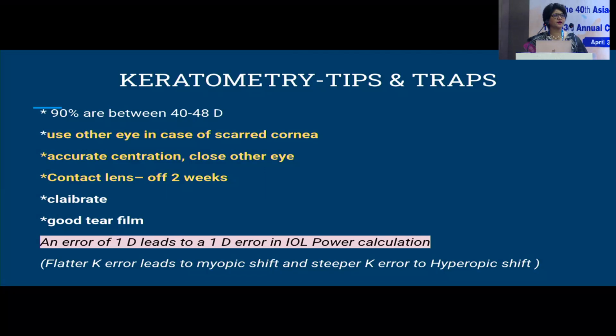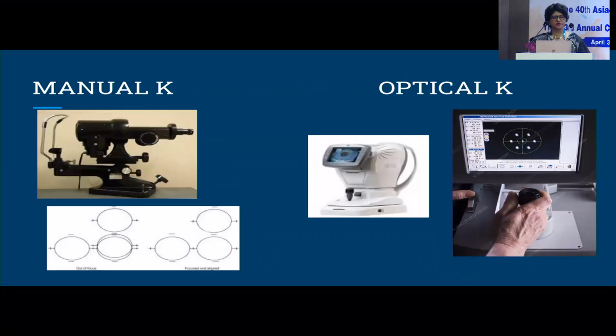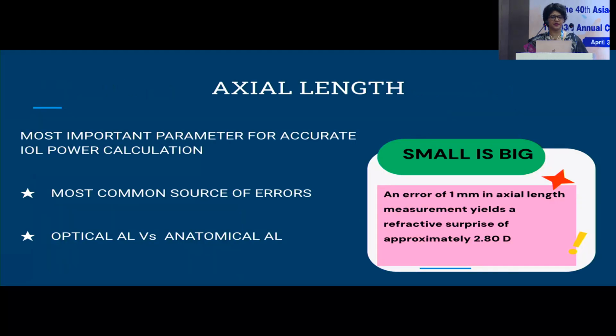Approximately an error of 1 diopter in keratometry leads to a 0.8 to 1 diopter error in the IOL power calculation. So both the manual K and the optical K do well, particularly if it's done by someone who's trained and the instrument is well calibrated. But the optical K is now integrated with the IOL Master and all these machines, so it is fast, reliable, and quick. So oftentimes we are going for the optical K now.